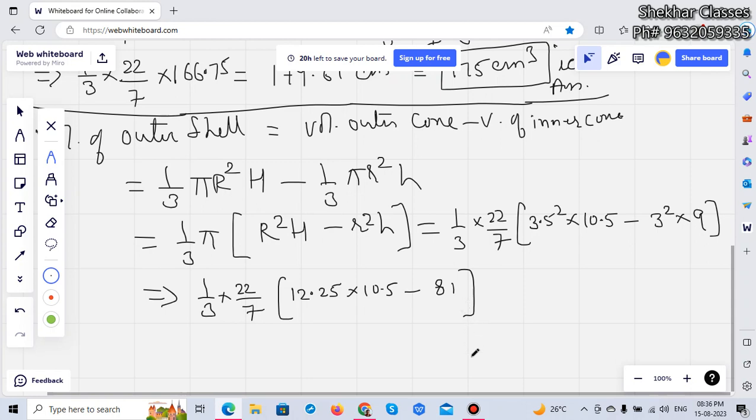If you multiply 3.5 into 3.5 here, 12.25, and then you multiply that with 10.5, it will give you this one. See, you can write it as 1 upon 3 into 22 upon 7, and this is 128.625.